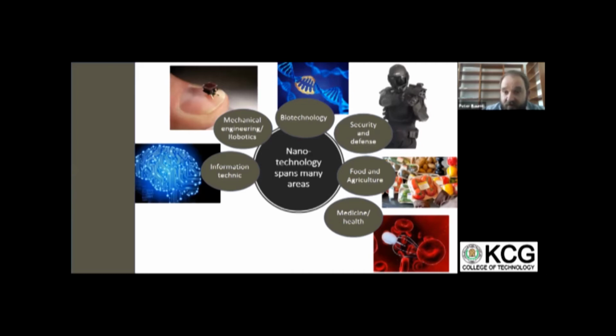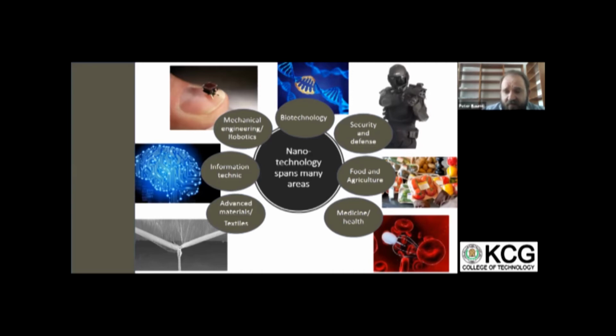Informatic industry and technology. For example, textile, we can prepare new and new textile. We can prepare textile with new and new behaviors. And the most important thing is the energy, because we prepare a lot of energy and we have to save it, store it, and nanotechnology can help us in this field also.